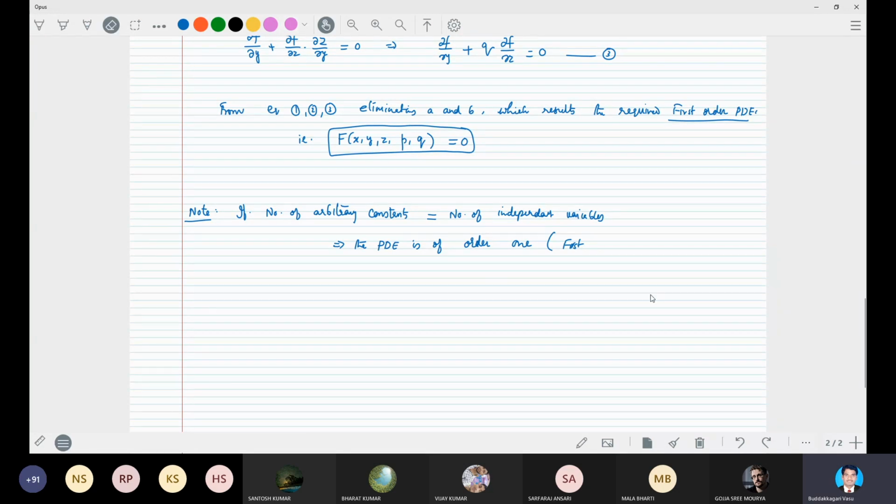Whatever the number of arbitrary constants and number of independent variables involved, if they are the same, then the resultant PDE is of first order.